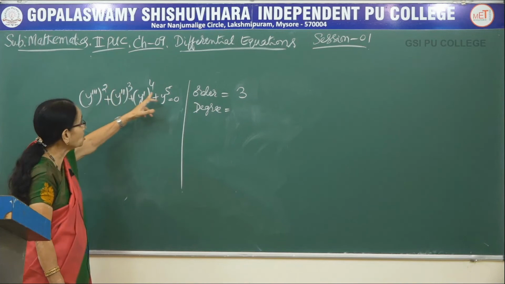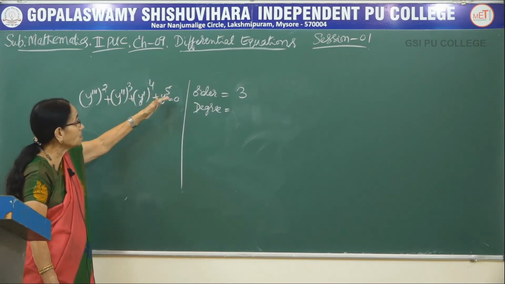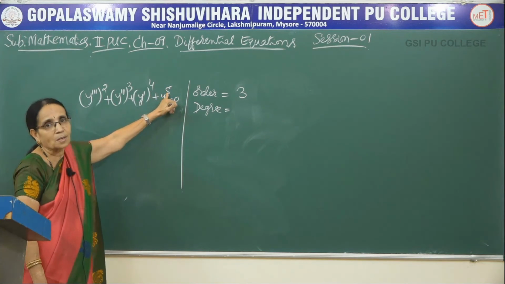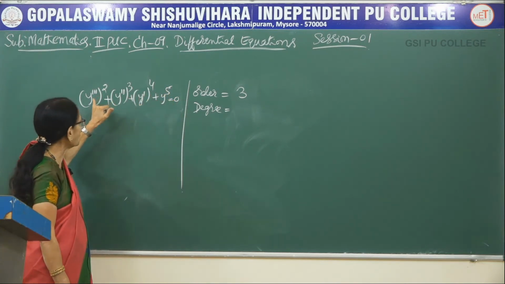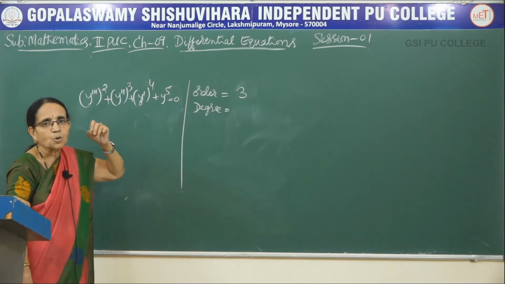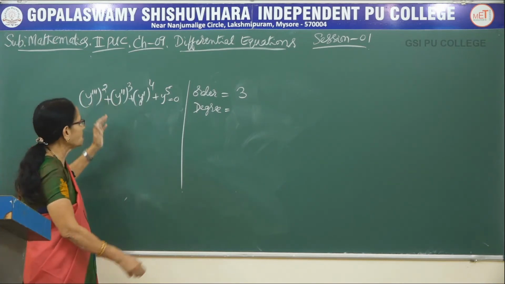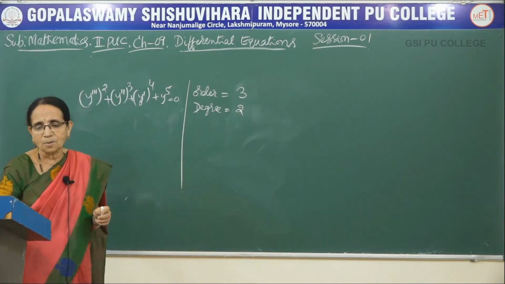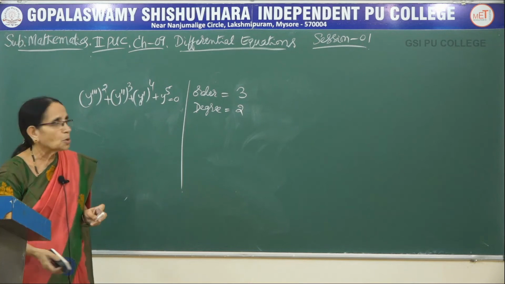We might have the confusion that this power is more than that one. But the power of the highest order derivative of the given equation should be taken as the degree. So the degree is 2. The order is 3 and the degree is 2 here.